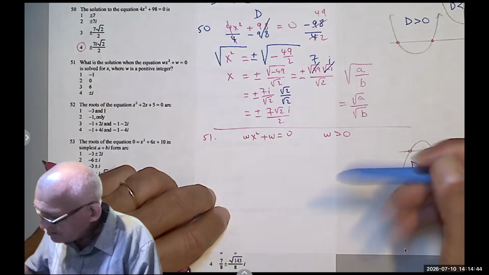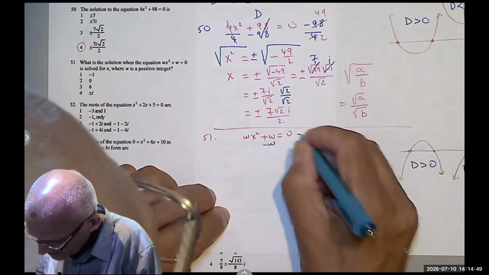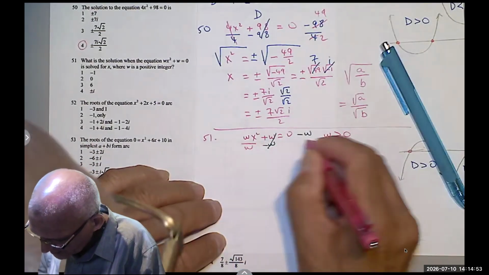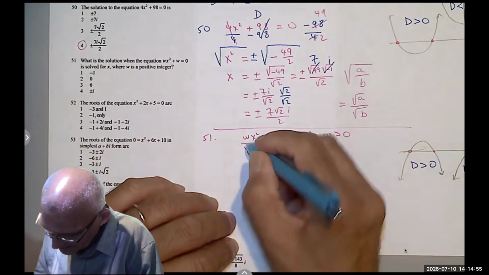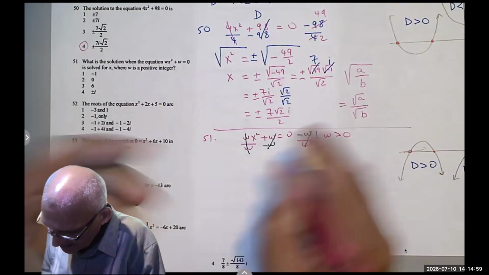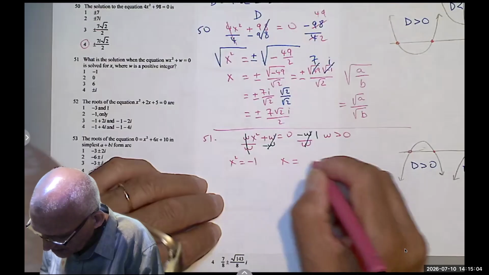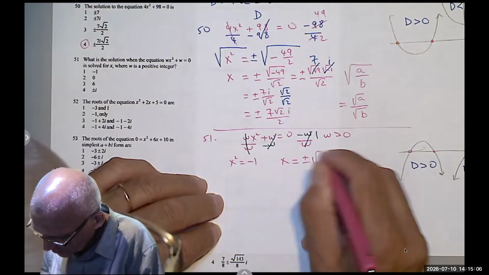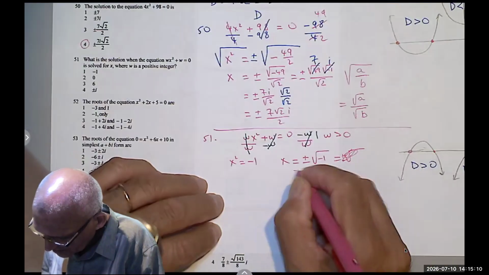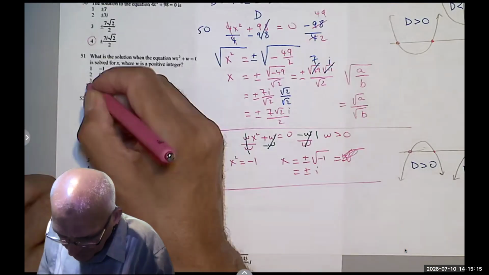So let's subtract w from both sides and then divide by w on both sides. And you get x squared equals -1. So x equals plus or minus the square root of -1, equals plus or minus i. Again, number 4.